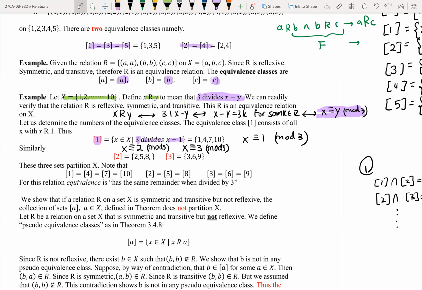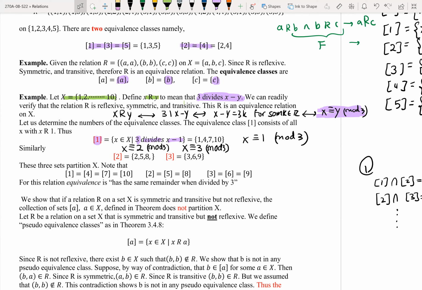For 4 and 1, if 4 is x and y is 1, then 4 minus 1 is 3, and 3 is divisible by 3. So I include those two numbers. Then you can go up to the end of that set in the domain and pick the next number that can be included with those two. So 7 minus 1 is 6, and that's divisible by 3.